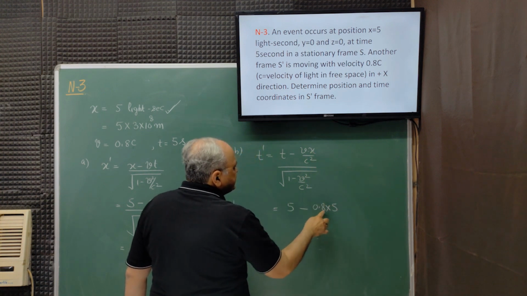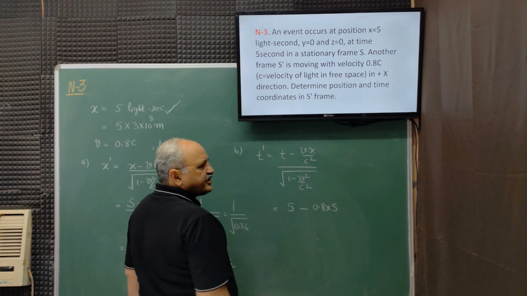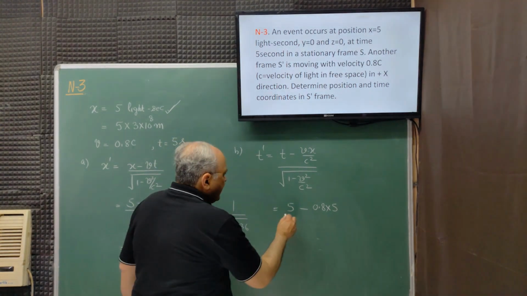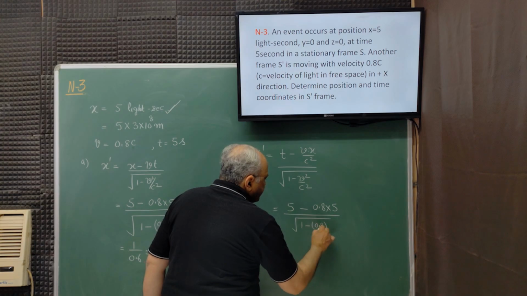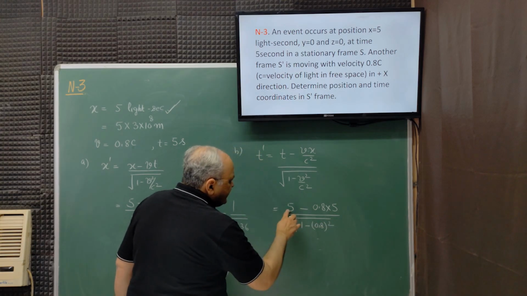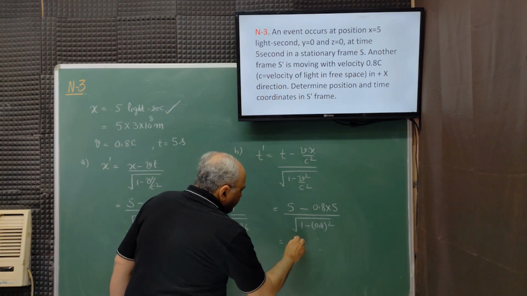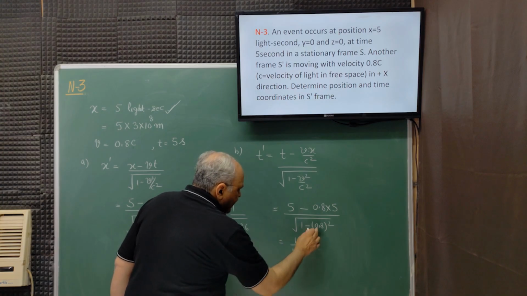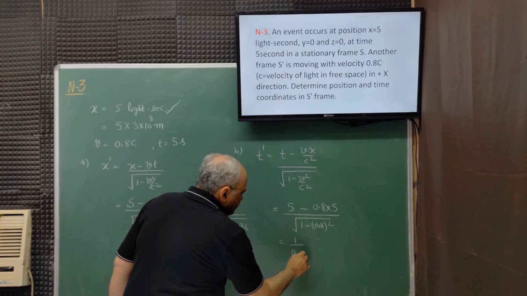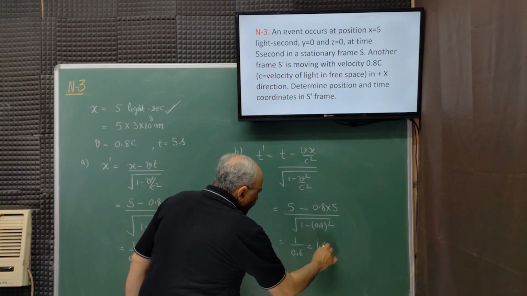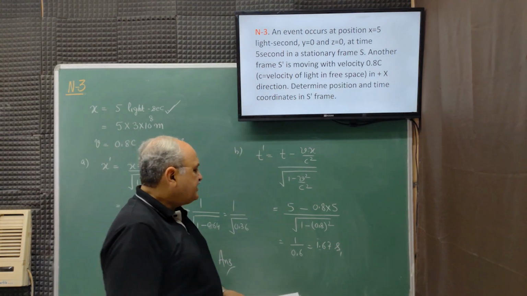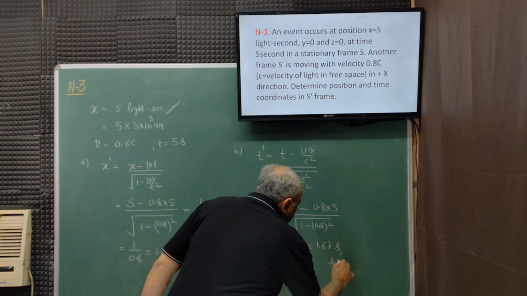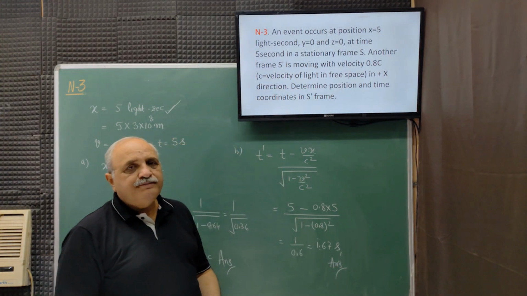I missed c and c on the numerator, so c square will be out from here, under root of 1 minus 0.8 whole square. So once again this is 4, 5, 1 point, this is 0.6, and your answer is 1.67 second. So this is the answer for the second one. Here you have to be very careful.